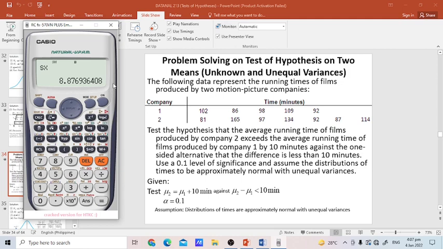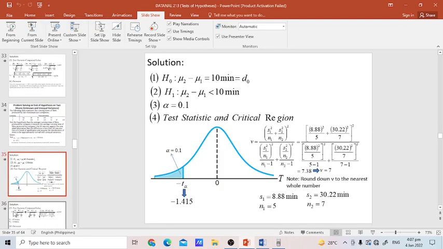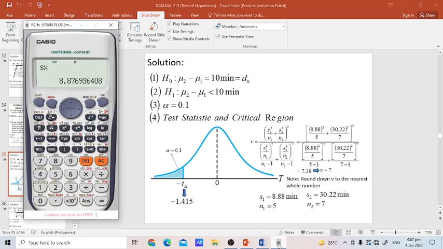The sample standard deviation is 8.88 minutes, s sub 1. How many observations do we have? Shift 1, 4, press 1 for n. We have 5 observations for sample 1.